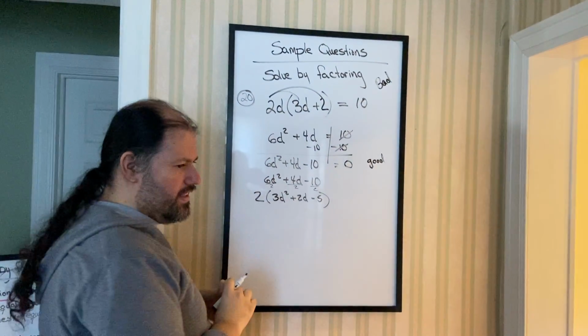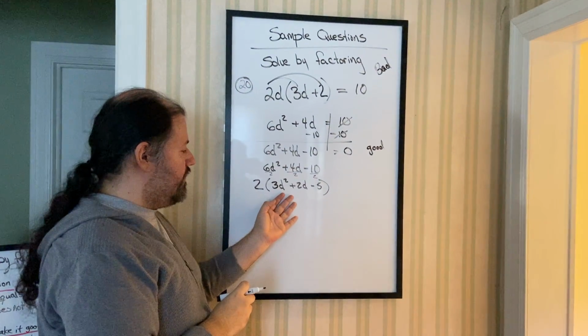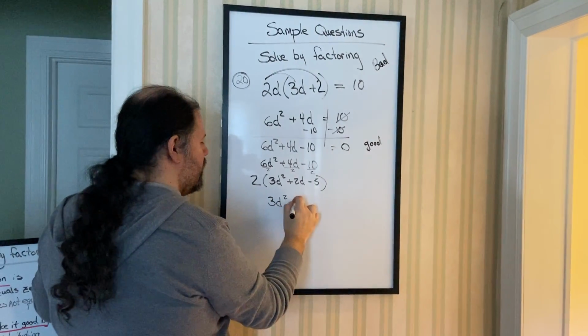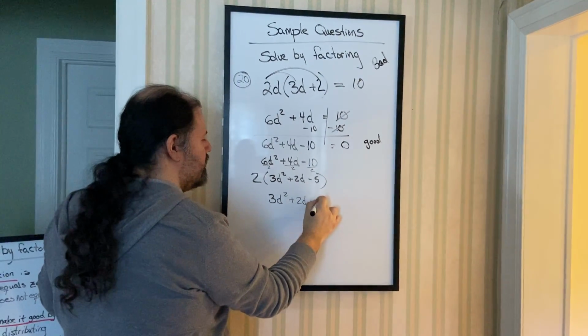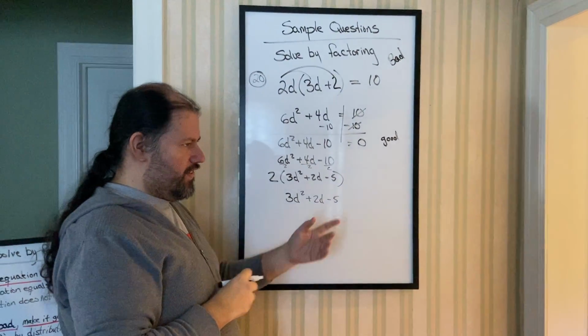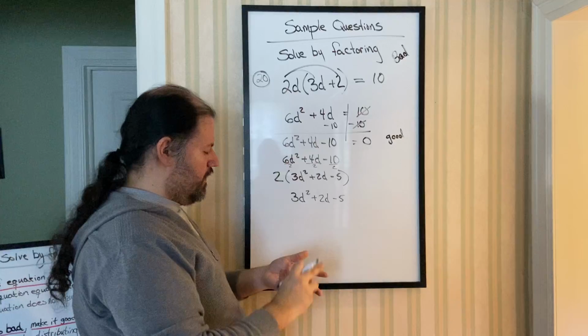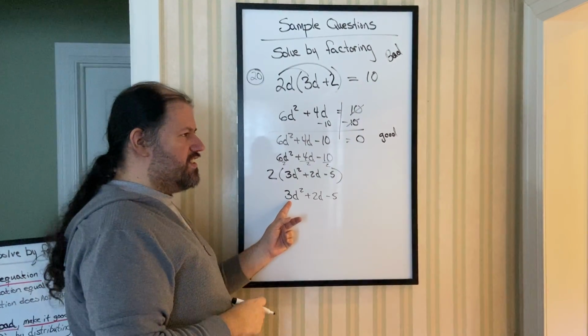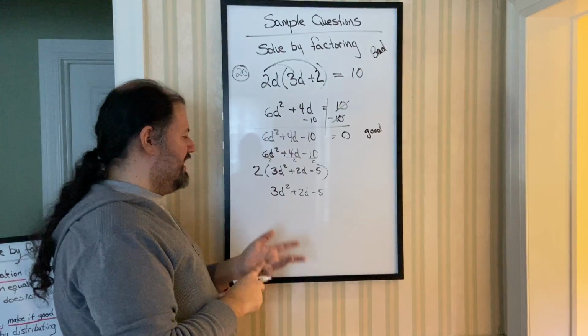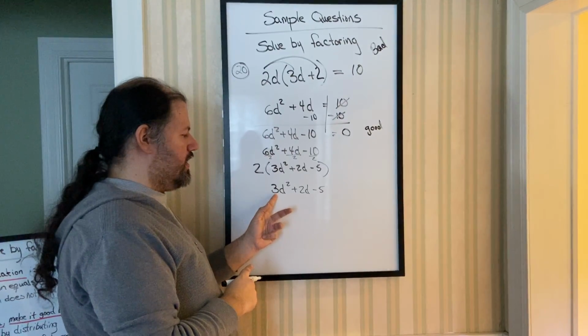Once I got this, then what I have to do is see if this can be broken down. So I look at this 3d squared plus 2d minus 5 to see if I can break that down even further. Notice it's 3 terms, so you could do shortcut, arch, FOIL. But because there's a leading term here, automatically that tells us, nope, cannot do shortcut.